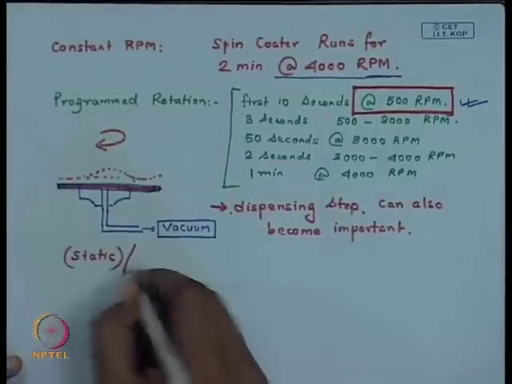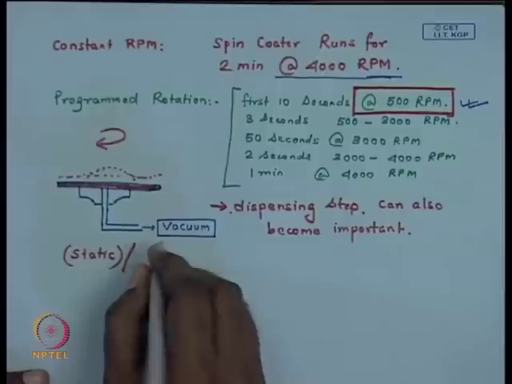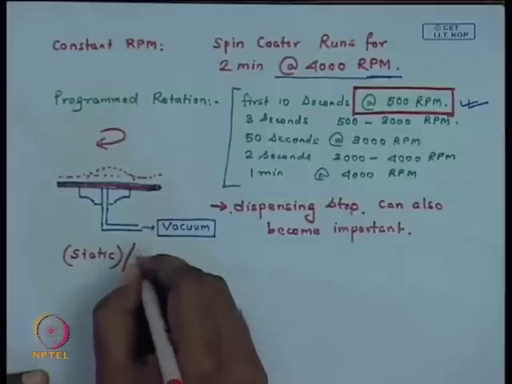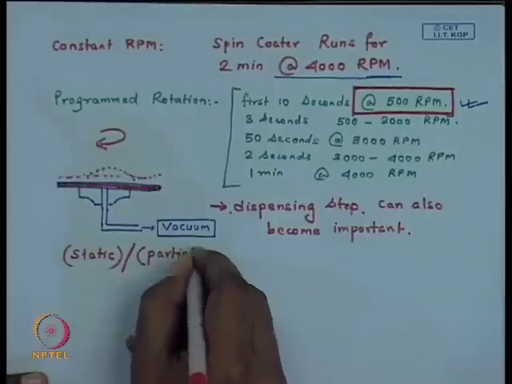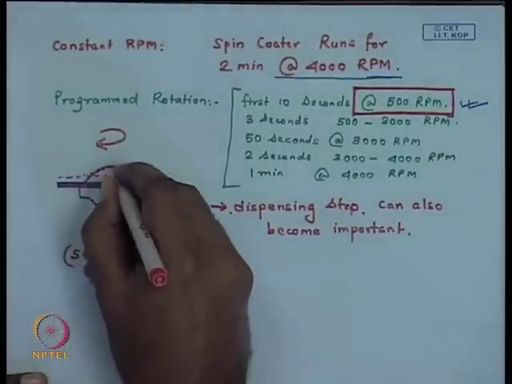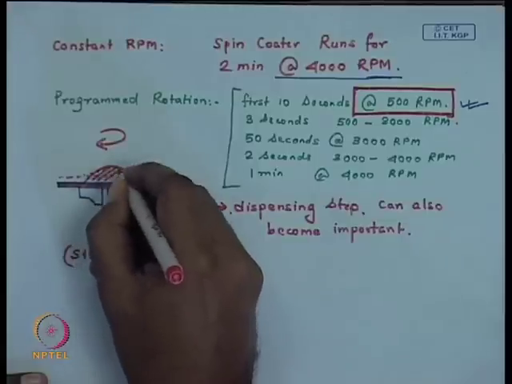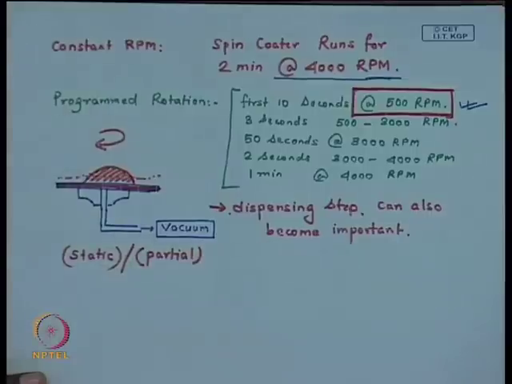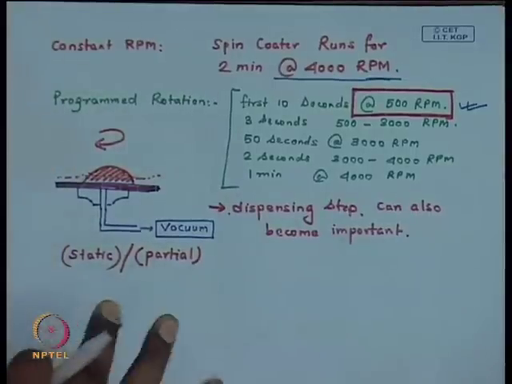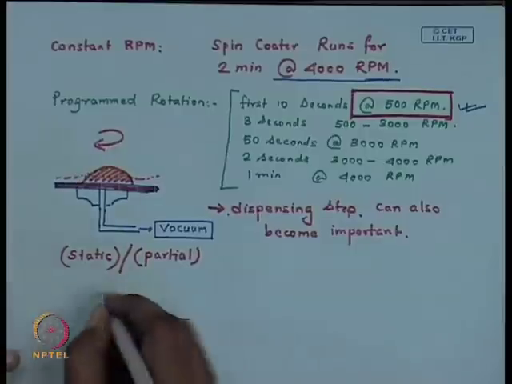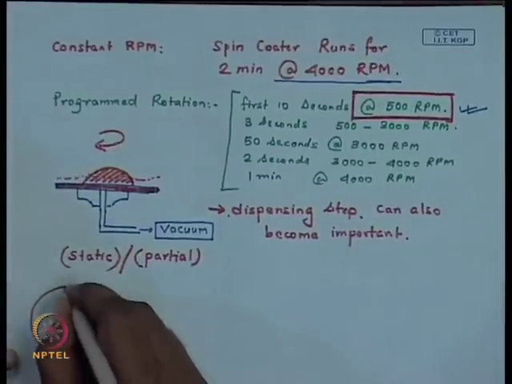So, here the dispensing was static and partial. Why partial? Because this is the shape of my initial dispensed drop. I just took my dispensing syringe roughly to the center of the wafer or the substrate.